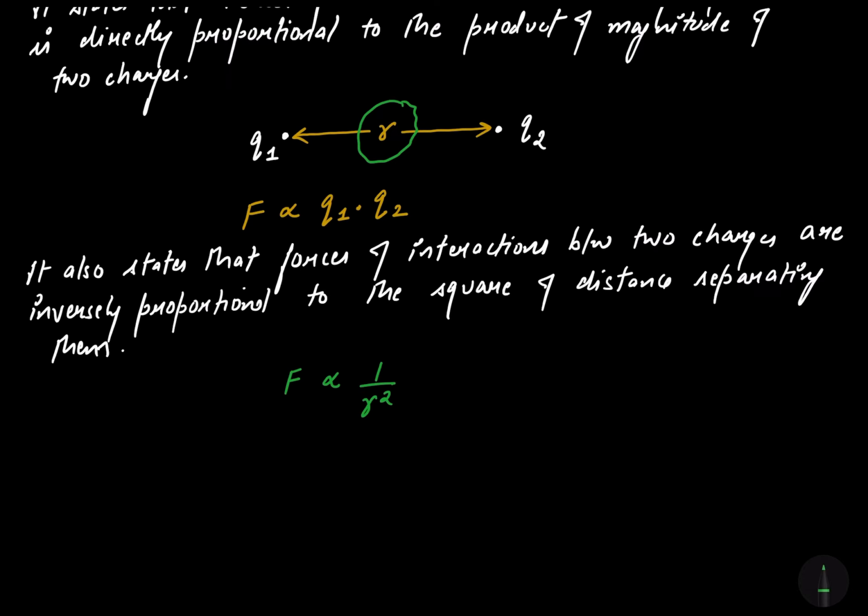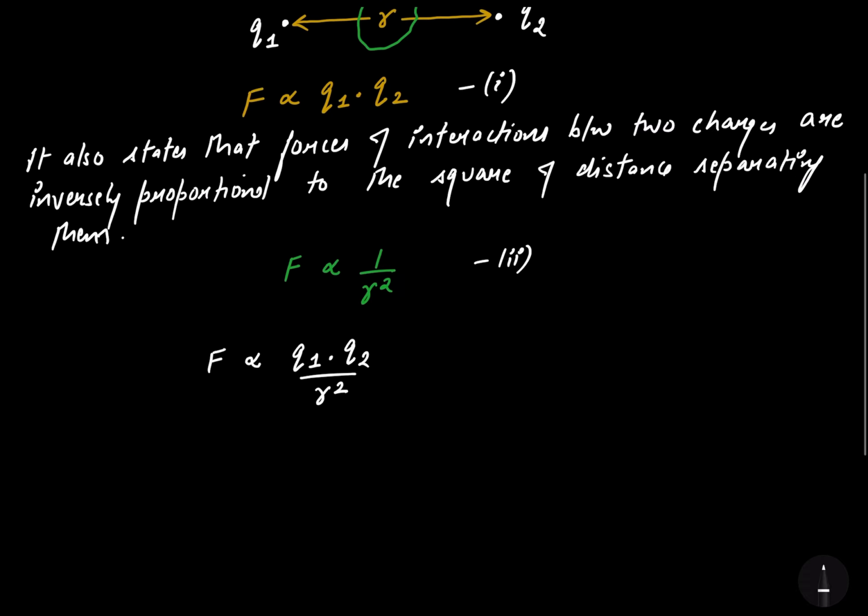So let me combine these two factors, number 1 and number 2. My interactive force comes out to be directly proportional to the product of the two charges Q1 into Q2 divided by small r square.